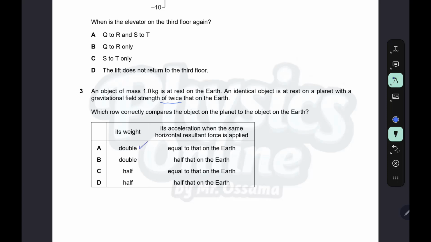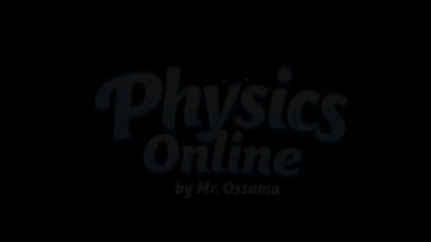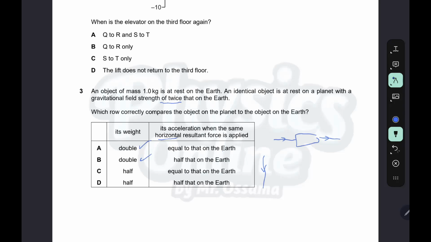Its acceleration when the same horizontal resultant force is applied: if he talked about a vertical force, it would be doubled. But he's talking about a horizontal force, which isn't affected by the weight or the gravitational field strength on the planet. So we take it equal to the Earth.